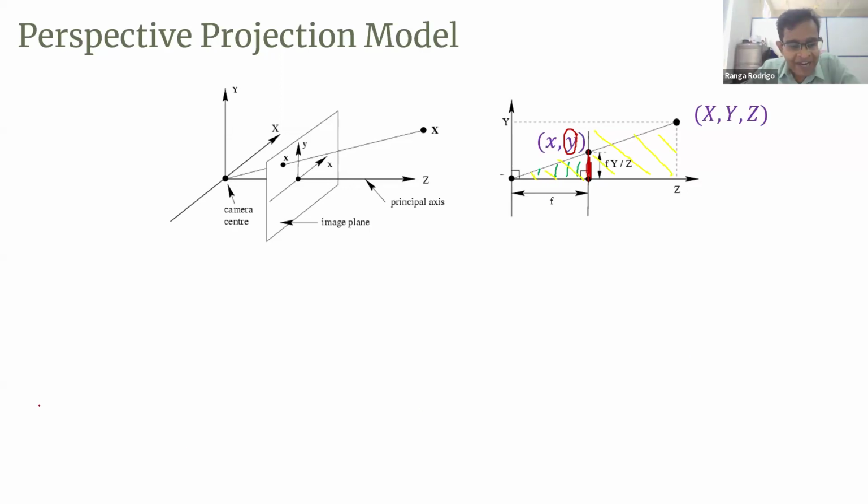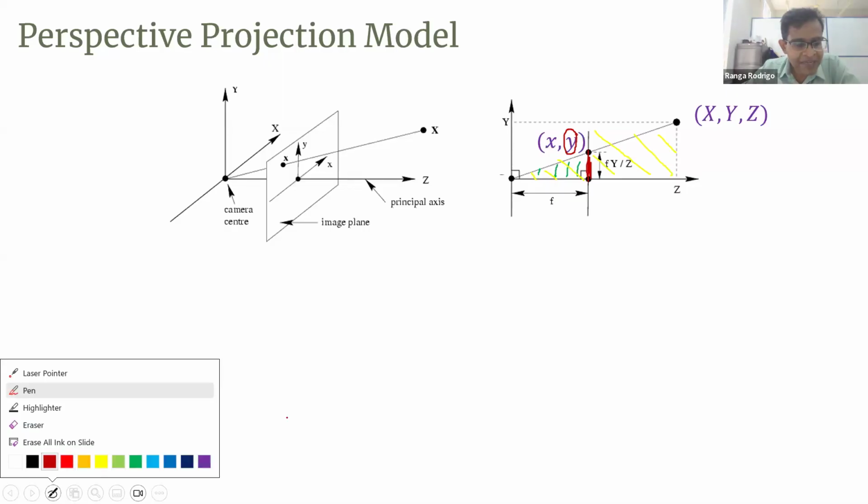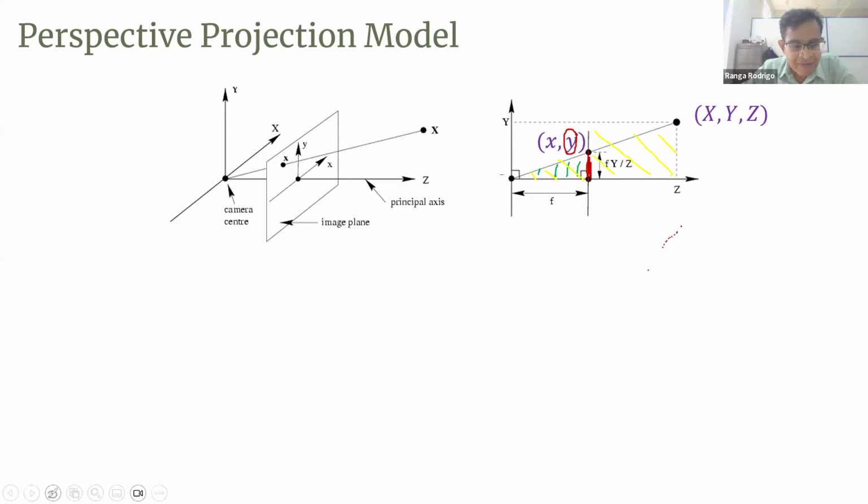So you can see from the similar triangles, it is very easy to compute that. This height is capital Y. This height is small y. This distance is capital Z. This distance is f.